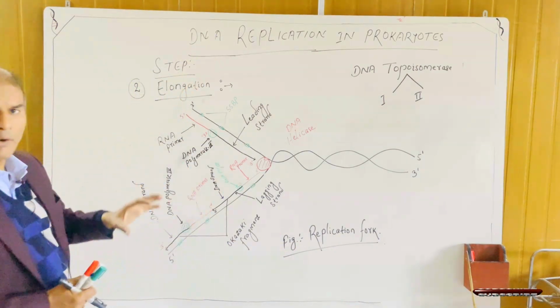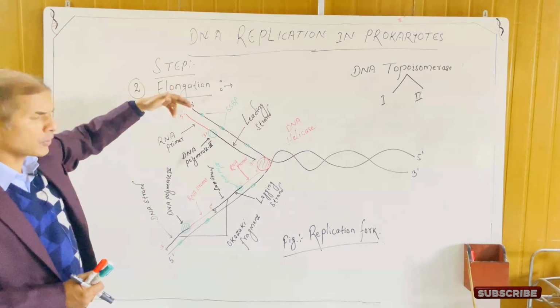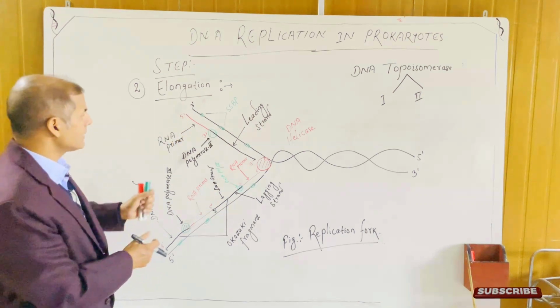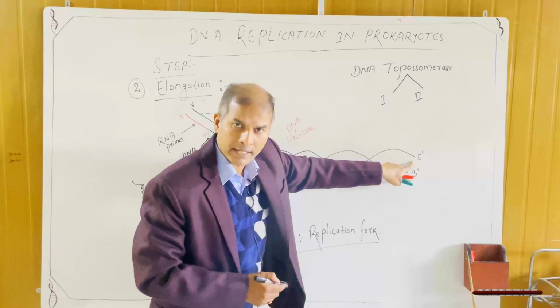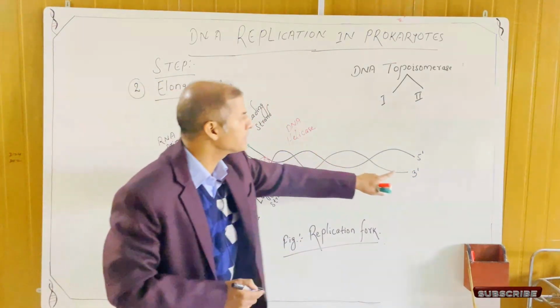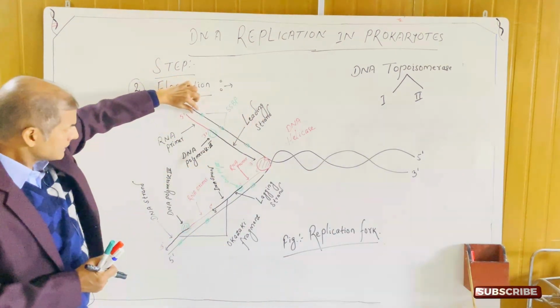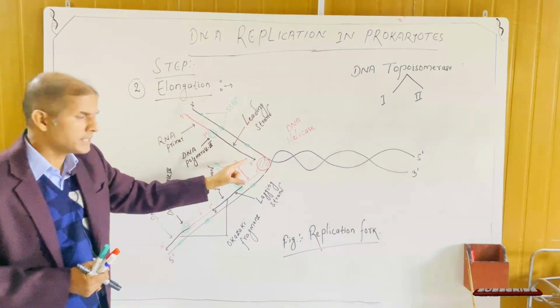Now coming to another major point, we know that the two strands of DNA are antiparallel. It means one of the parental strands moves from 3' to 5' direction, and the other strand moves from 5' to 3' direction. Against each parental strand, a new strand is formed.